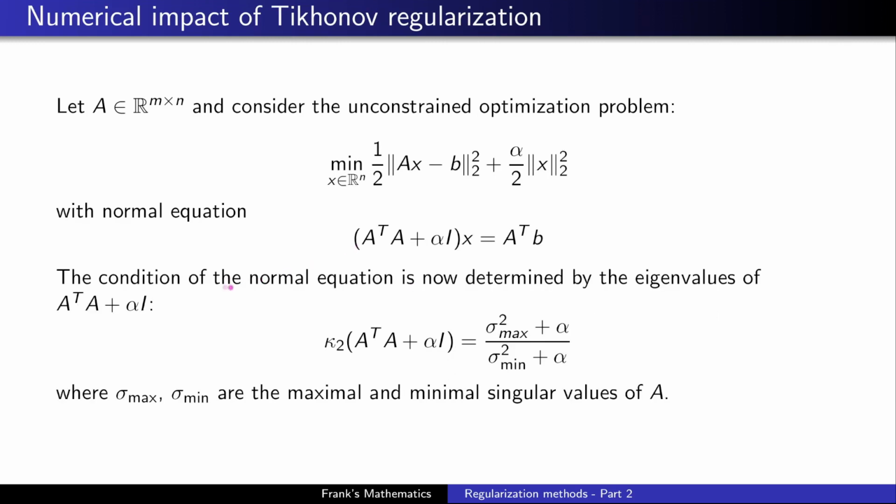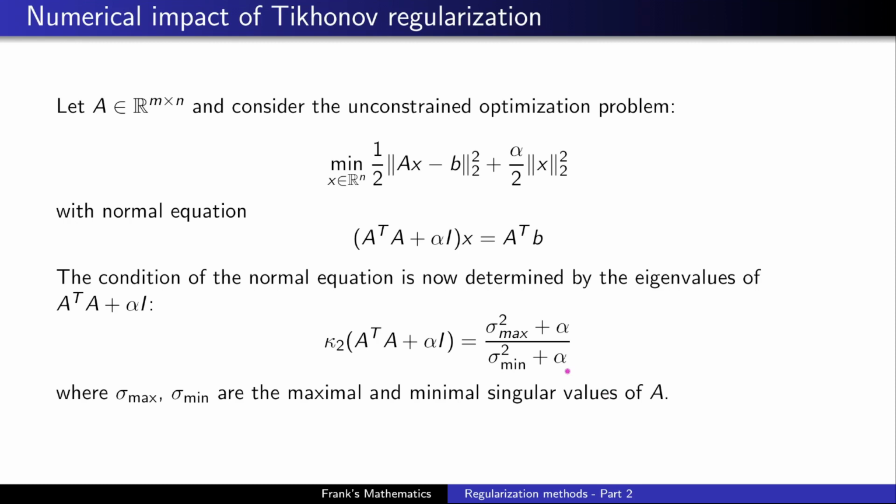And the condition number of this matrix is, of course, just, after a small calculation, the singular values of A shifted by our regularization parameter alpha. And this is exactly how you can understand the Tikhonov regularization method in the finite dimensional setting. You just shift the singular values of A away from 0.